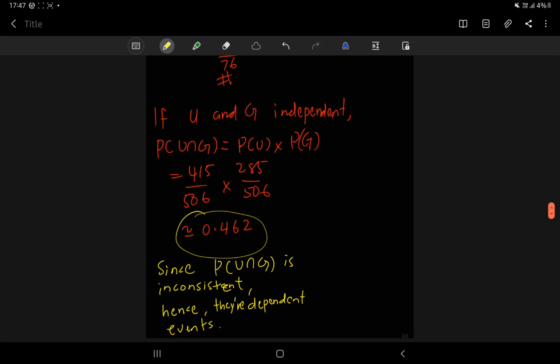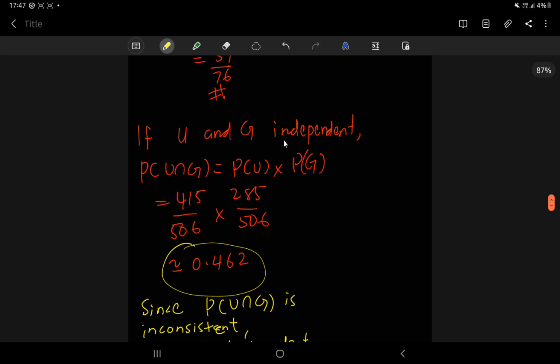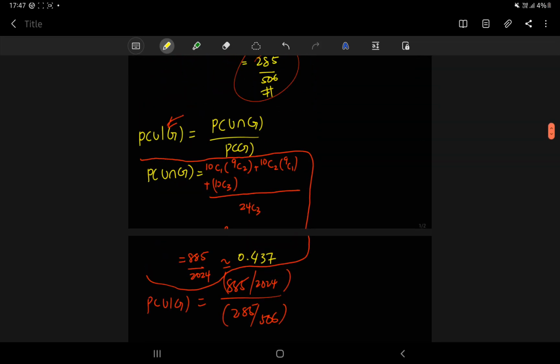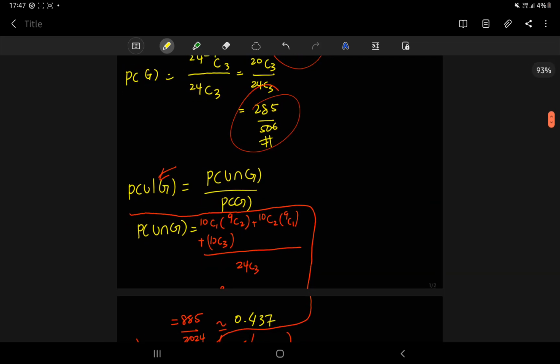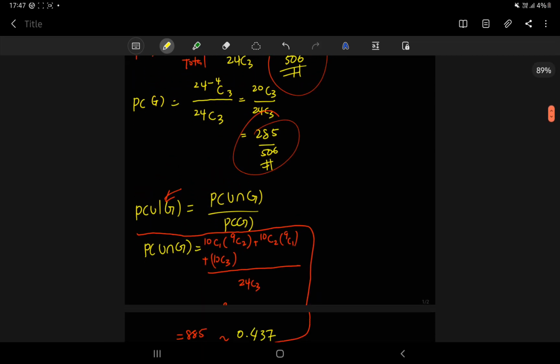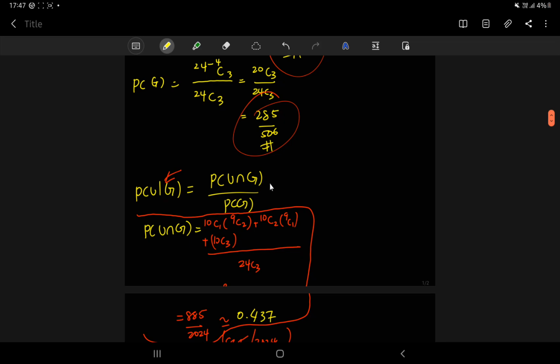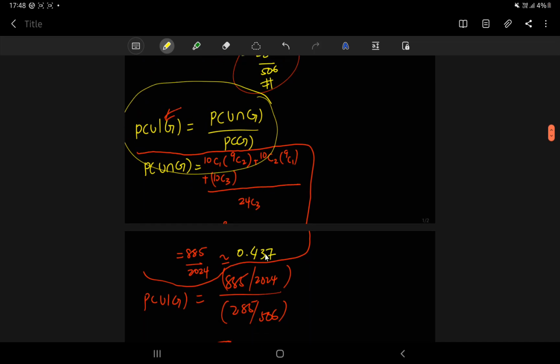Okay, so over here, if we calculate using the probability of the independent event, probability of u intersection g for the independent event is this formula. We calculate it to be 0.462, but previously we already calculated using the conditional probability formula that the probability is 0.437.